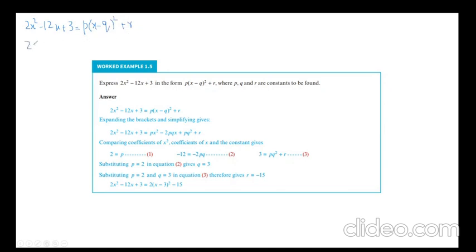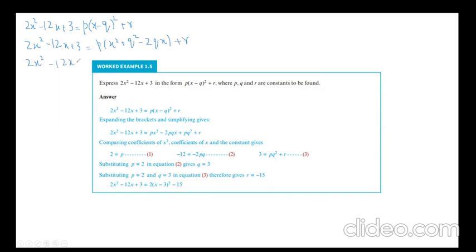So 2x square minus 12x plus 3. Now expanding this square formula, this must be p into x square plus q square minus 2qx, plus r.